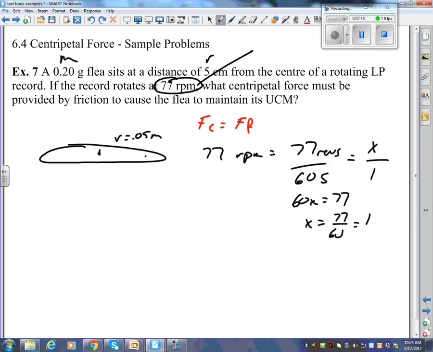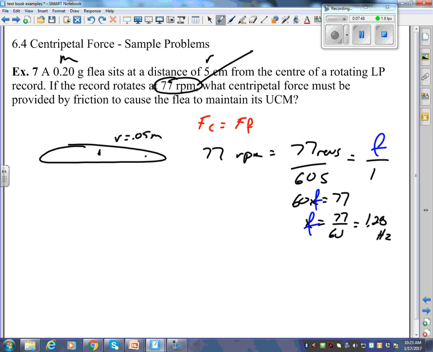And the unit, do you remember? Hertz. 1.28 hertz. That's 1.28 revolutions per second, so a little more than once around every second. That is our, instead of x there, maybe I should say f.